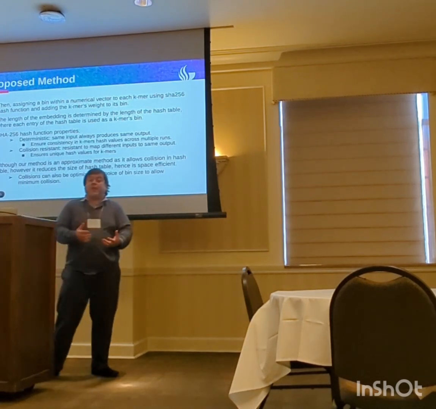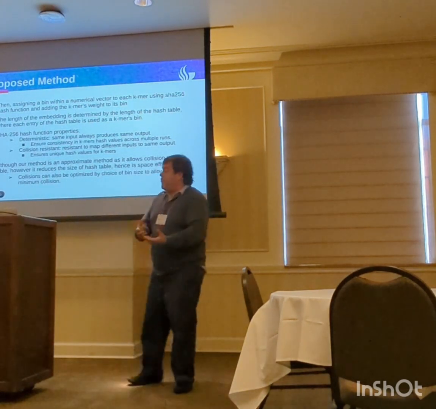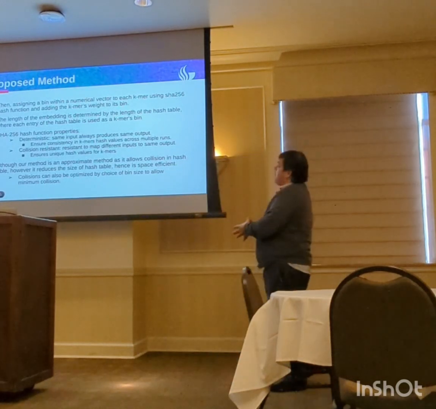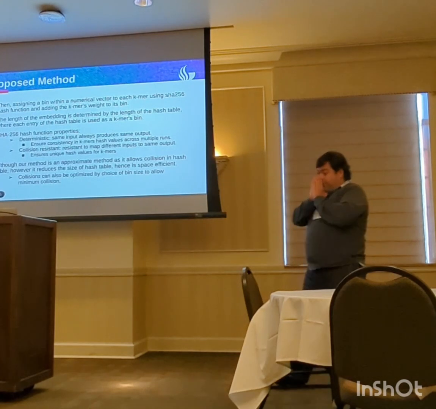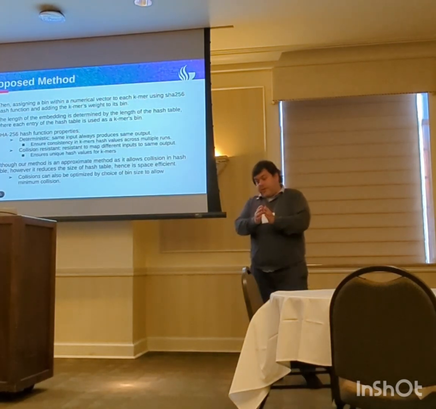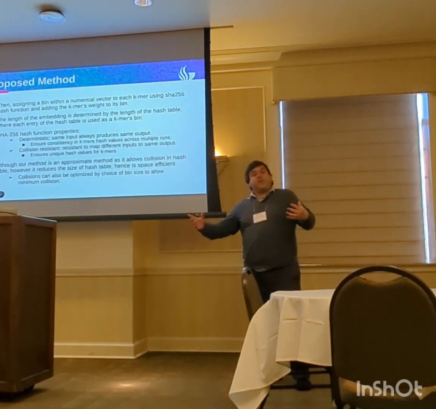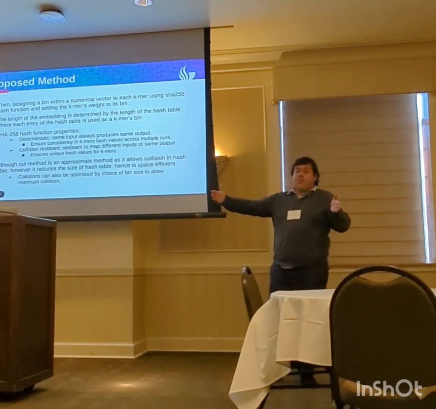So we've computed the k-mers and assigned a weight to those k-mers. The reason we did this was that before, with something like Spike2Vec, you would just compute the k-mers and then get a frequency vector, which is just the counts of those k-mers.